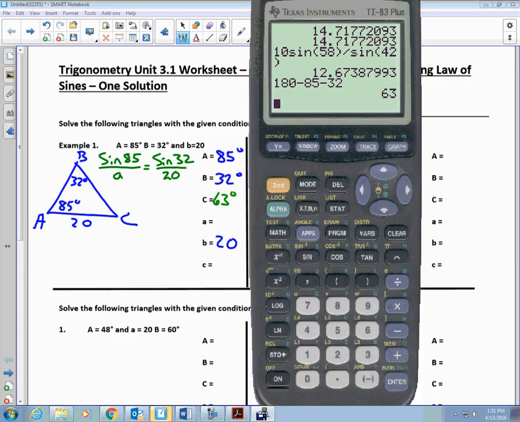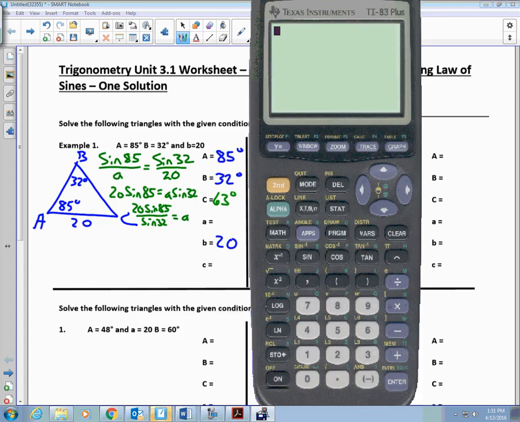We'll cross multiply. 20 sine of 85 equal to A sine of 32. I divide both sides, and I get 20 sine of 85 over the sine of 32 is equal to A.